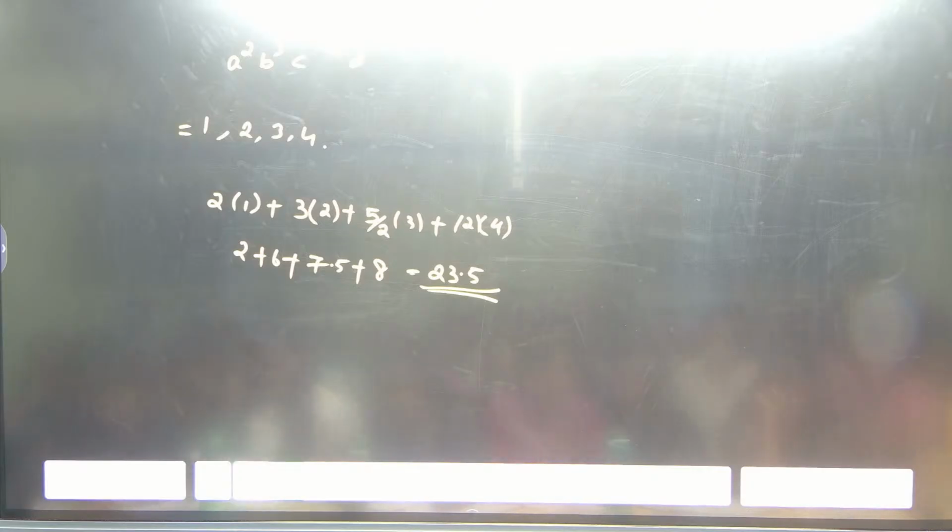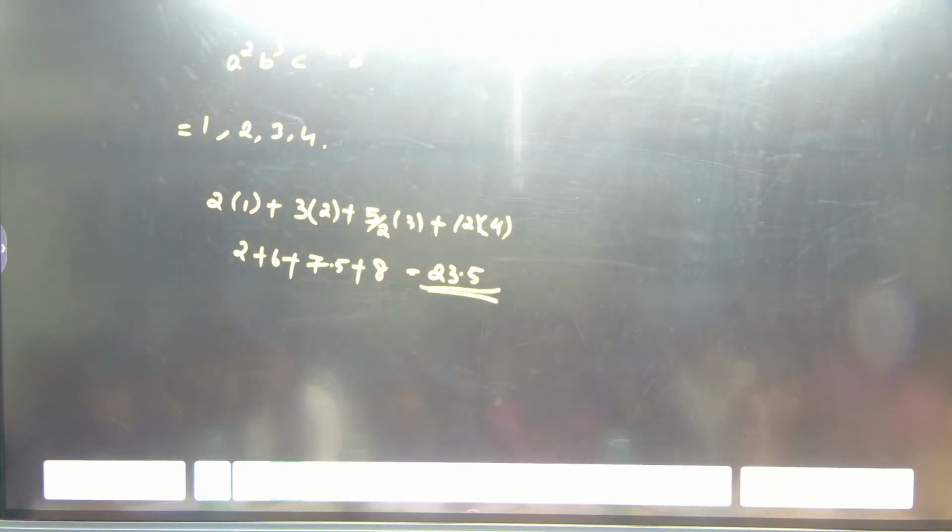Second one, the zeros appearing between two non-zero digits are significant.